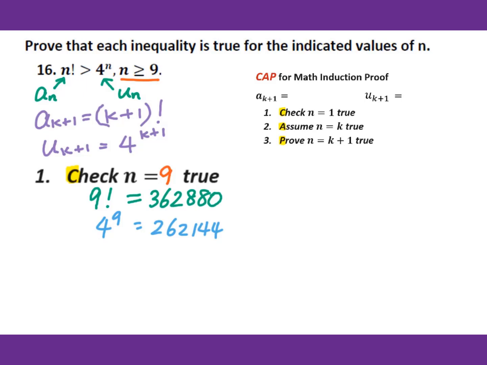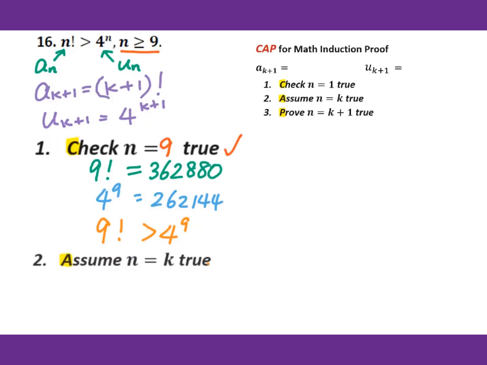We got the answer from graphing calculator. We could say that 9 factorial greater than 4 to the 9th power, which means n equals 9, the statement is true. Then assume n equals k true, which means k factorial greater than 4 to the kth power.